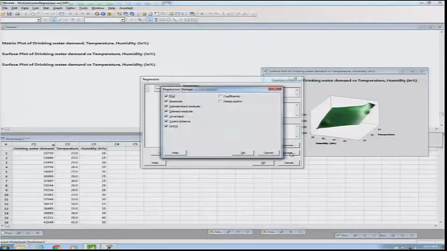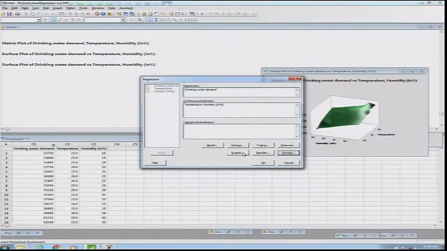In case you want, you can also store these results that you have obtained. They can be stored in the worksheet that is open here, and one may use it. I will store it just to illustrate how this works.